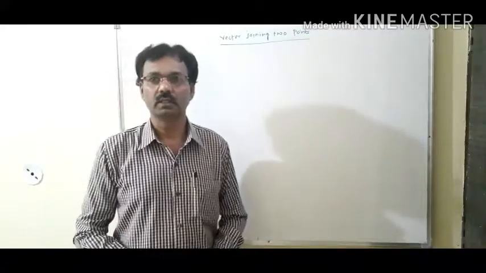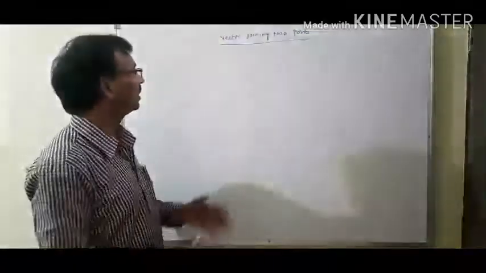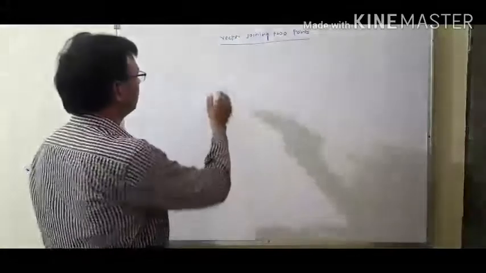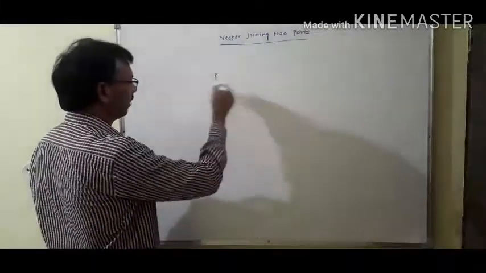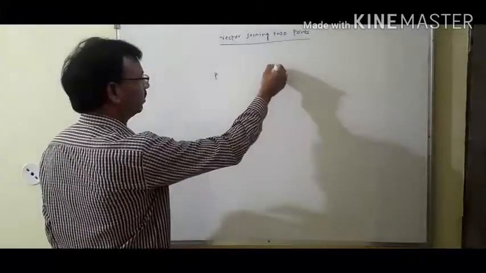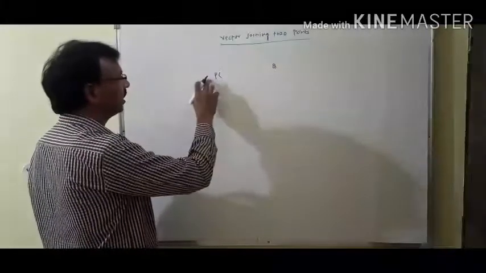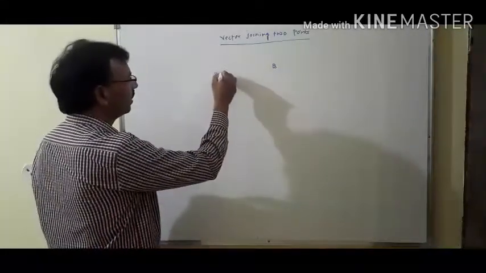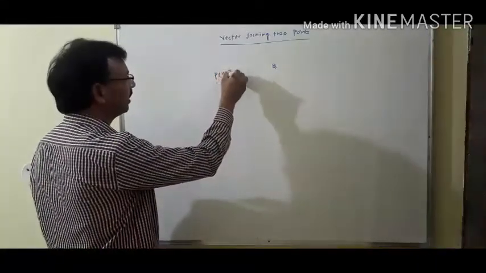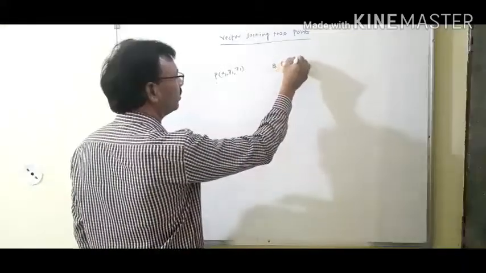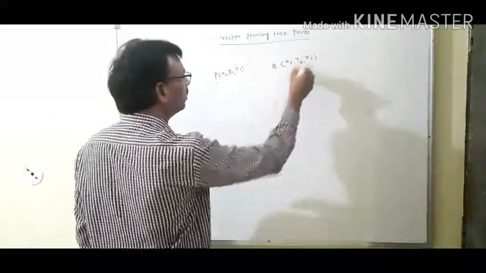Hello students, in this video we will discuss the vector joining two points. Suppose one point P and a second point Q are given, where the coordinates of point P are x1, y1 and z1, and Q is x2, y2 and z2.